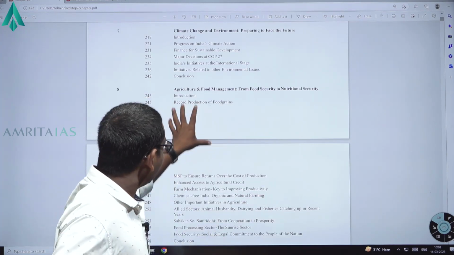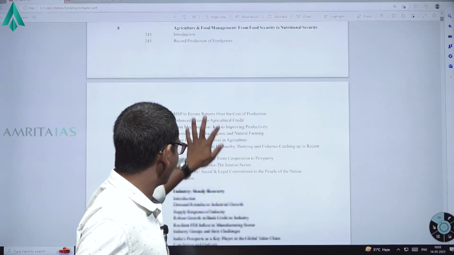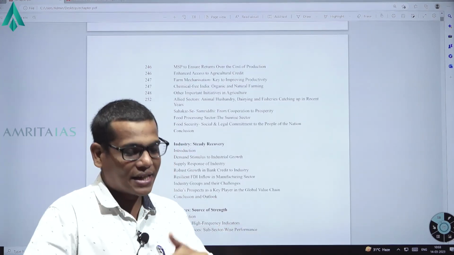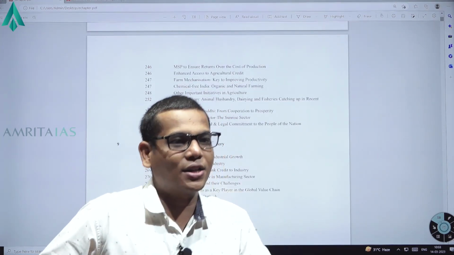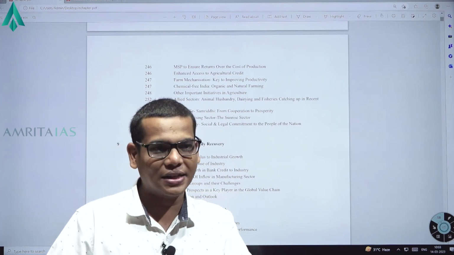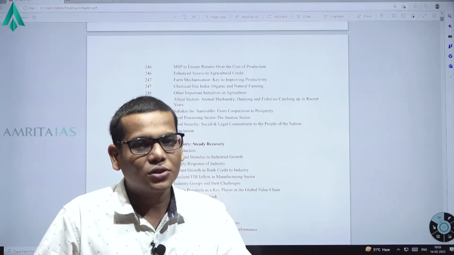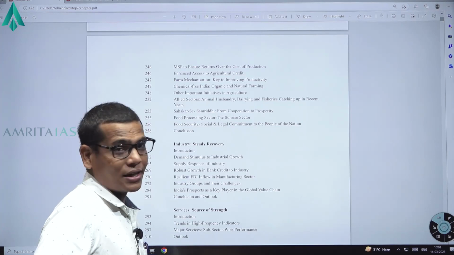It also gives a clear picture of the subcomponents of each sector, because this is primary, this is secondary and this is tertiary. What is their contribution to GDP and GVA, their level of growth, how much employment they create, and how much extra value they add. That information they will be giving.